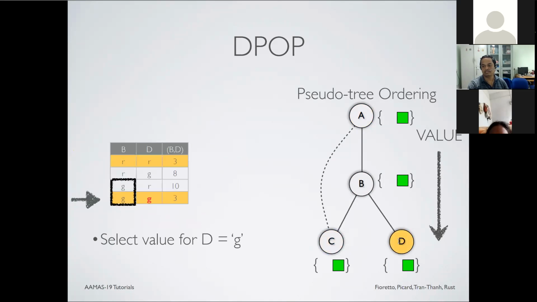So the result is, all are green. That gives you the minimum value as 12. This is the idea of the DCOP algorithm.